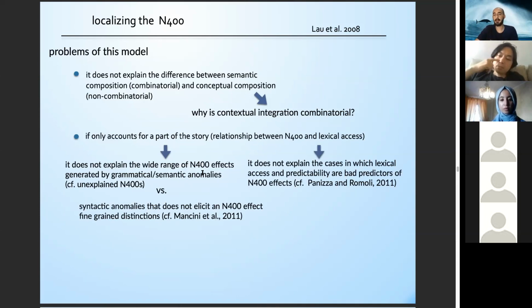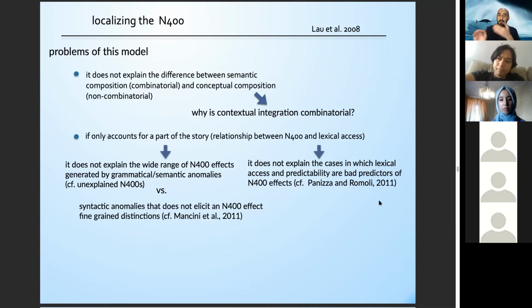And it doesn't explain, for instance, in the experiment that I just showed you, why cases in which lexical items are highly active, like none occurring right before my, still do not suppress the N400. In fact, we got the highest N400 in that case.